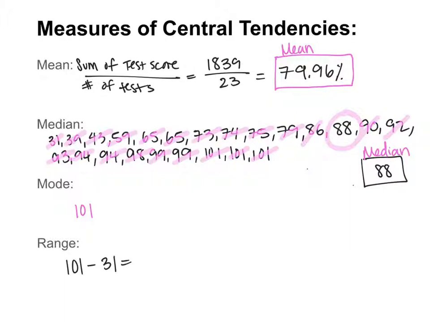So 101 minus 31 gives you 70. Wow, that means the highest number and the lowest number are about 70% off of each other. That's a huge range.